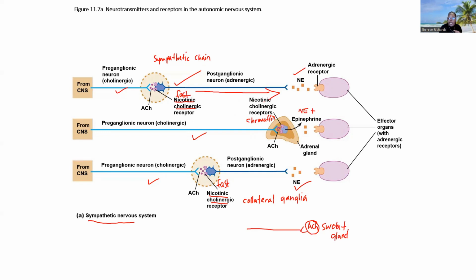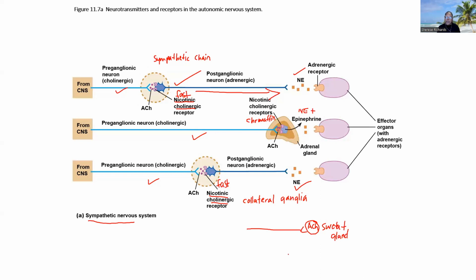So I say this to say that the location of the fast receptors, if we kind of zoom out, this makes sense. This is not going to be a tissue-specific response. This is not going to need any second messenger. This doesn't have to have a response that is localized, depending on what effector organ is being innervated.